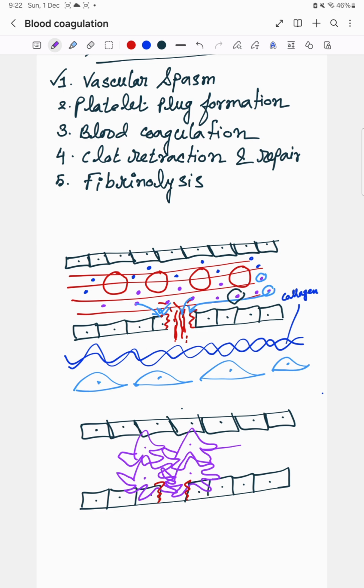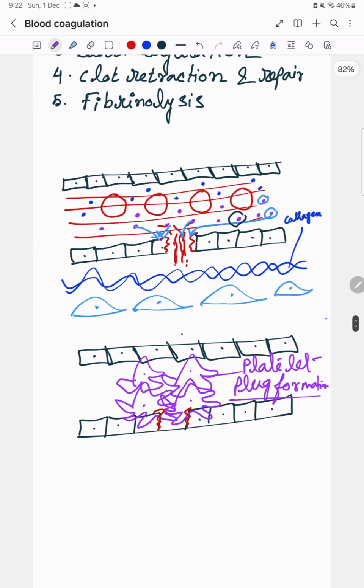So we put platelets in an aggregated form, so that it can act as a plug. So it is known as platelet plug formation.